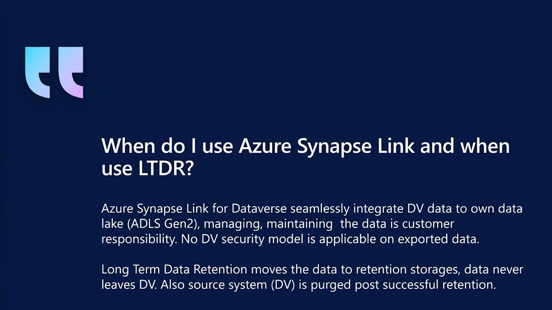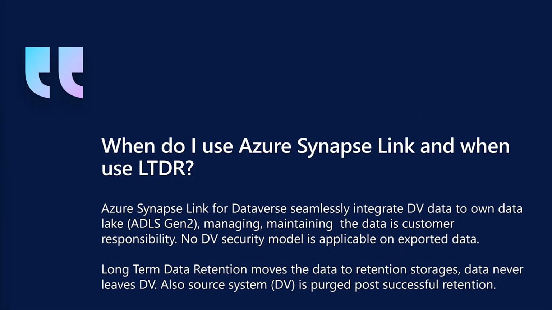So long-term data retention, you only enable on the data that you need to retain for compliance purposes. Synapse Link, you enable when you need the transactional data replicated in your own data lake for analytical and reporting purposes. Another very important thing to understand here is that the Dataverse security model doesn't get replicated in your own lake.